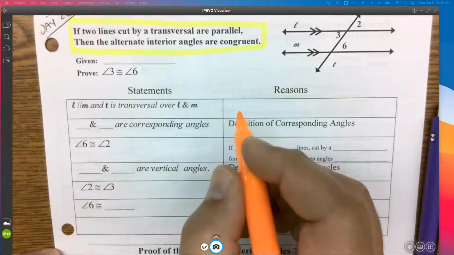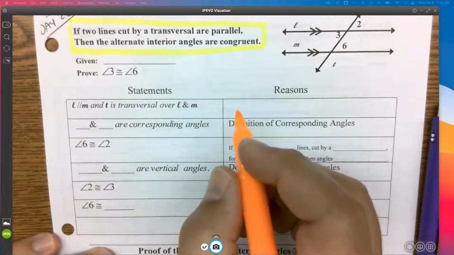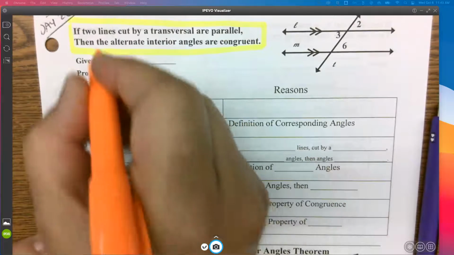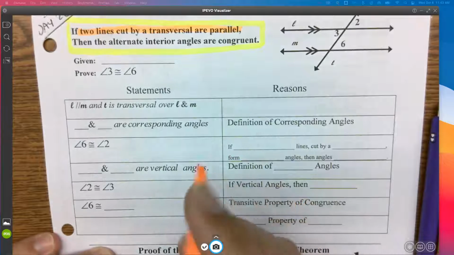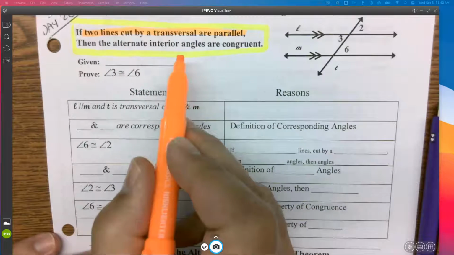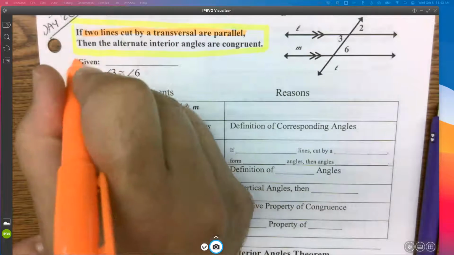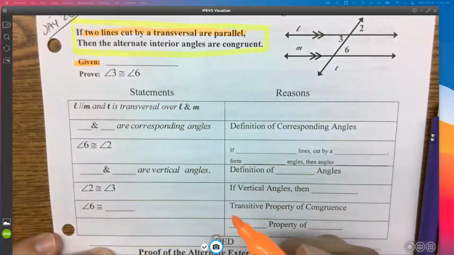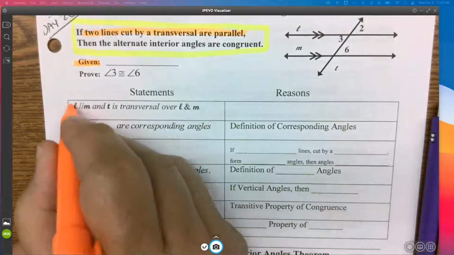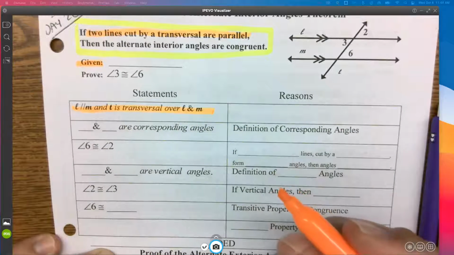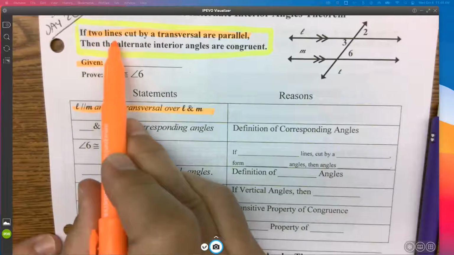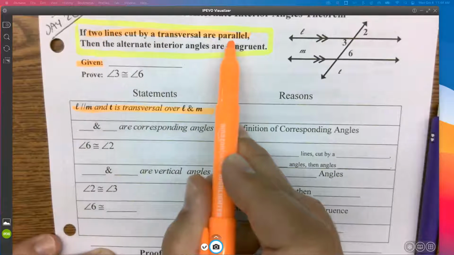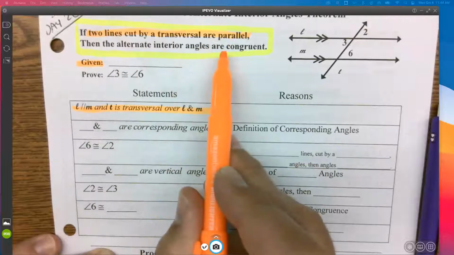So what's the hypothesis? Very good. Turns out when you want to prove a theorem, the hypothesis is exactly what you need as the given, which means it's exactly what goes in this first space. So in general, I want to prove that if two lines cut by a transversal are parallel, something is true.